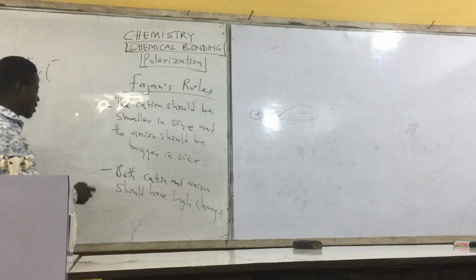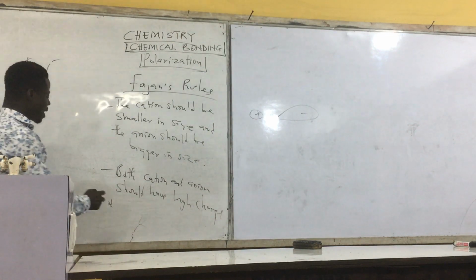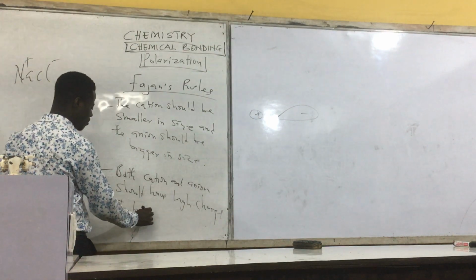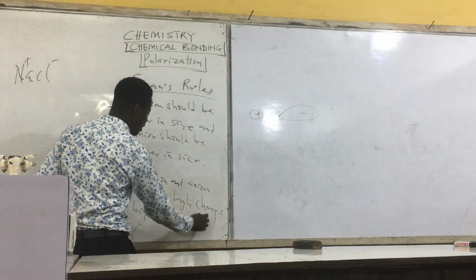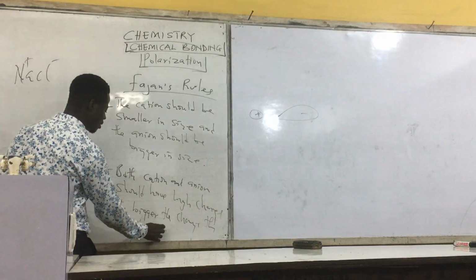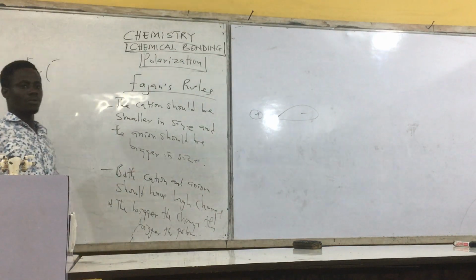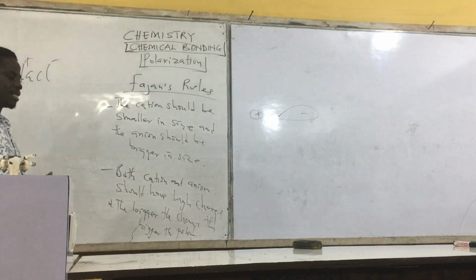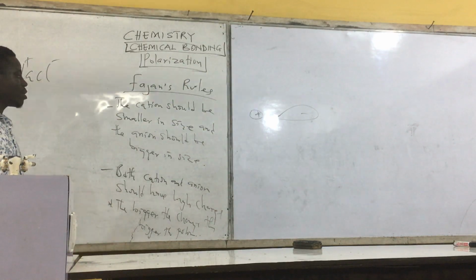And in this explanation, the bigger the charge, the greater the polarization. What do you mean by this? It's vice versa. The bigger the size, the bigger the polarization. The smaller the size, the smaller the polarization.